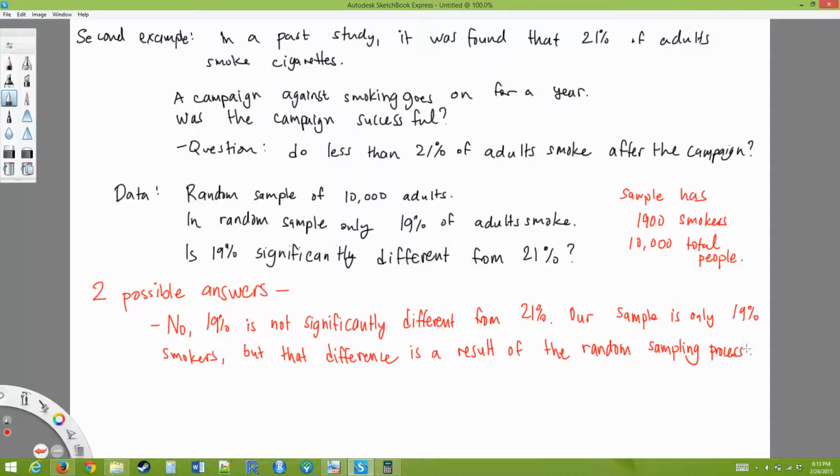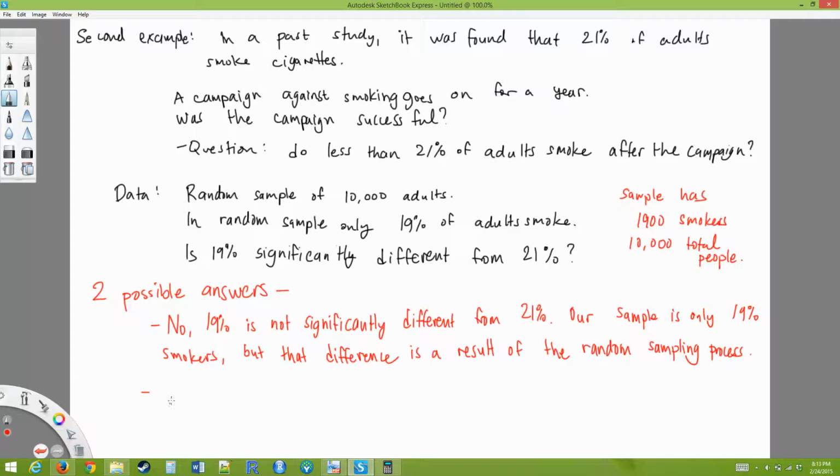Okay, so that's one possible explanation. They're saying whenever you take a random sample, in this case a random sample of 10,000 people, you're not going to get the exact same results. Every time you take a random sample, you get something different. We just happen to get 19% from random chance. That's what one claim is.